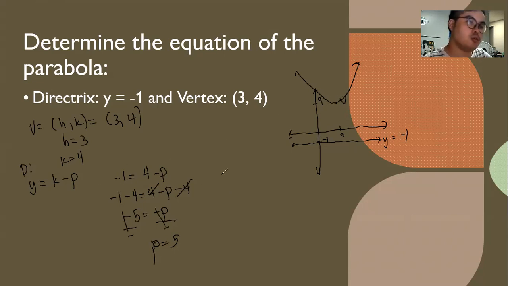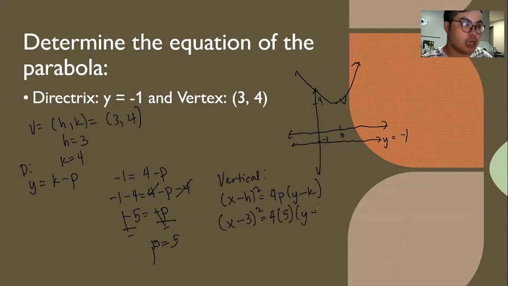Okay. So i-recall ko pa rin ang vertical parabola. So it will become x minus h squared equals 4p times y minus k. So ang gagawin natin is, we are going to substitute h with 3, then p with 5, then k with 4.